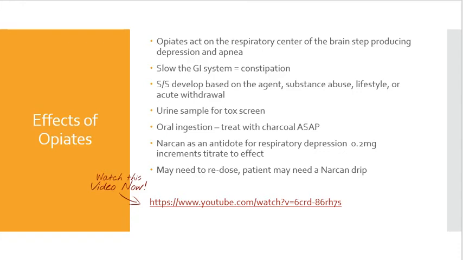CNS depression sufficient to induce coma can occur with large drug doses or with relatively small amounts in novice users. Tolerance and dependence are common. Addiction can follow chronic use. And there are potential effects of narcotic abuse and toxicity that can really affect a person's entire life.